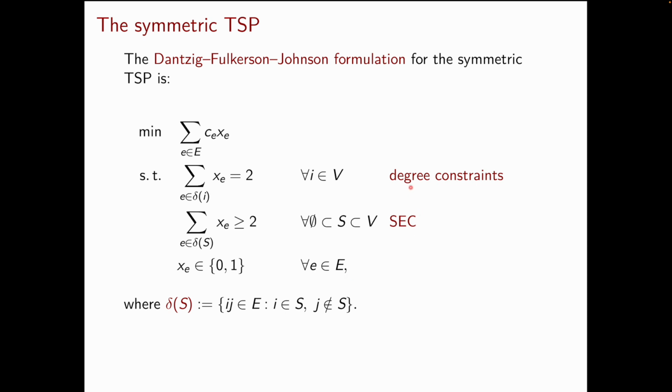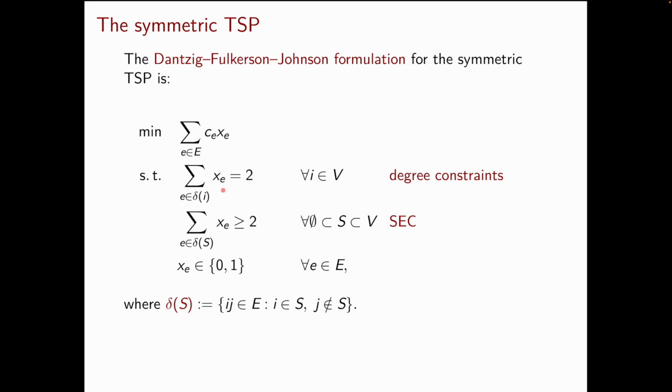Now let's consider the degree constraints, which correspond to our initial constraints in the case of a digraph. For a digraph, these constraints used to say that we must leave every node precisely once and that we must enter every node precisely once. However, here there's no notion of entering or leaving.